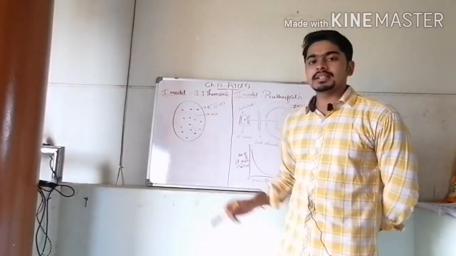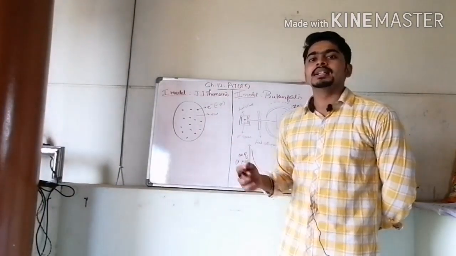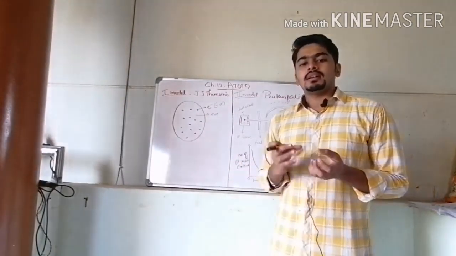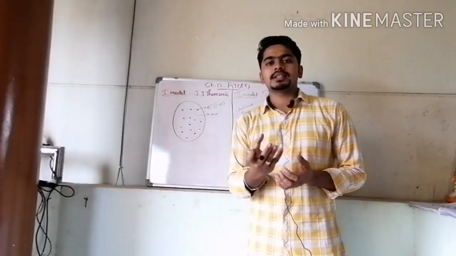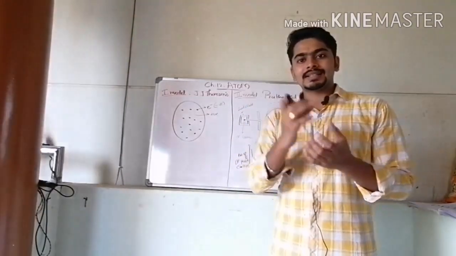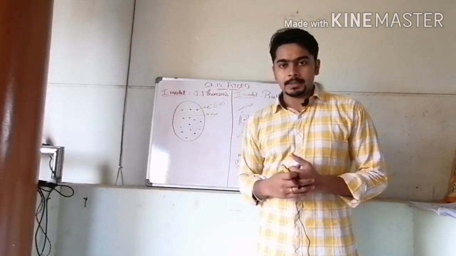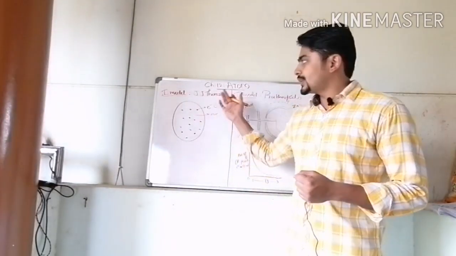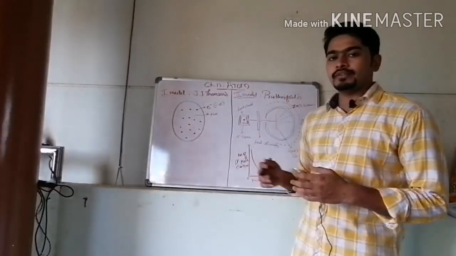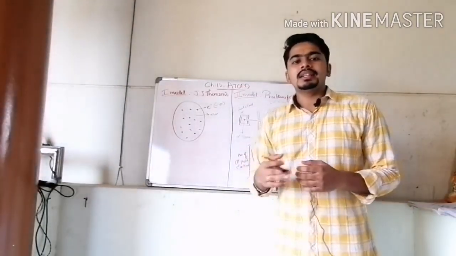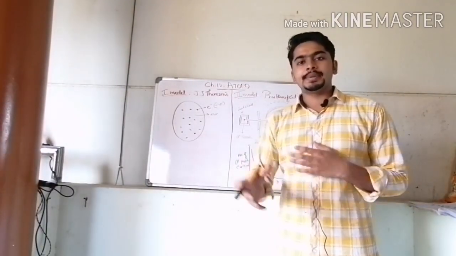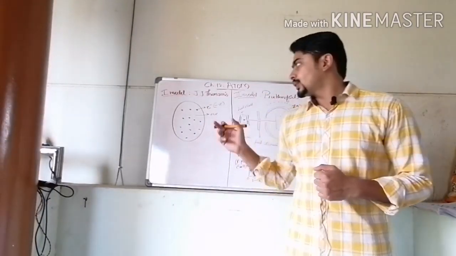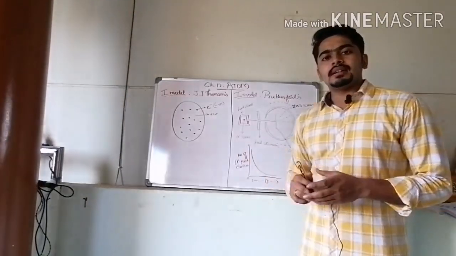This model is also known as the plum pudding model of an atom, through which he gave the first theoretical explanation for the structure of atom. Based on this theory, his students, that is Rutherford, Marsden and Geiger, all combinedly started experimenting on the particle called atom.